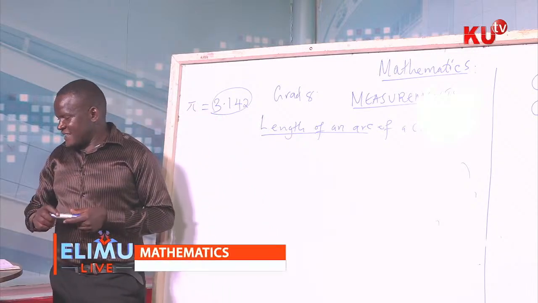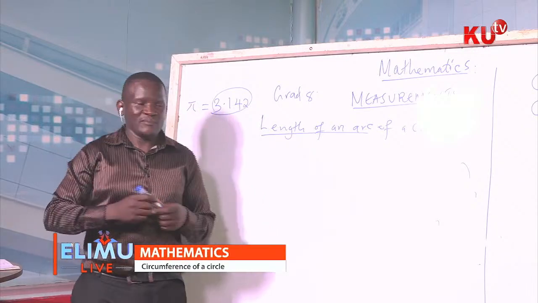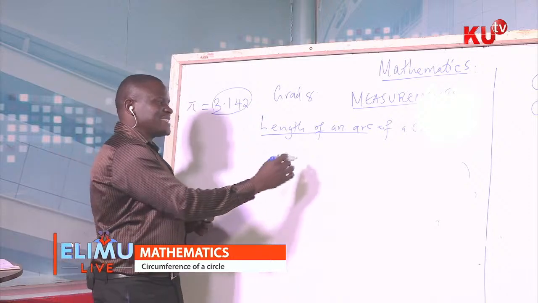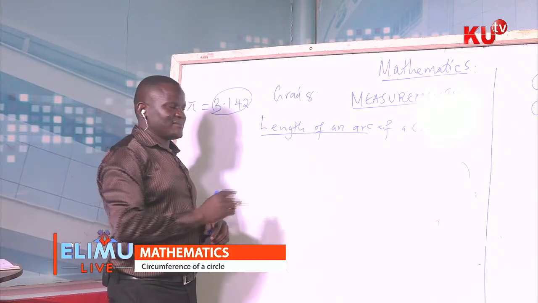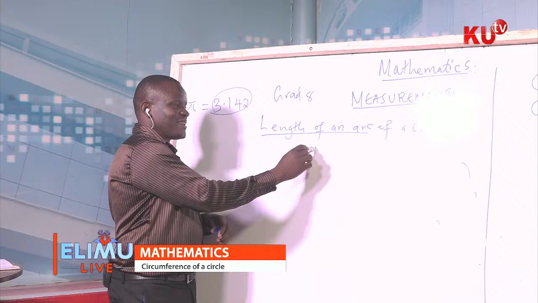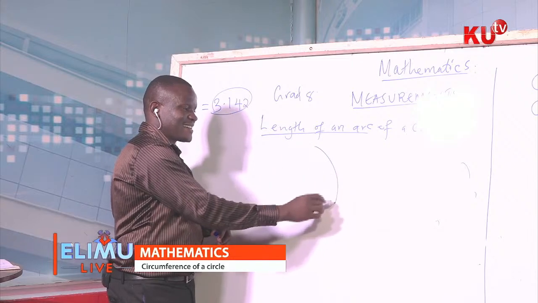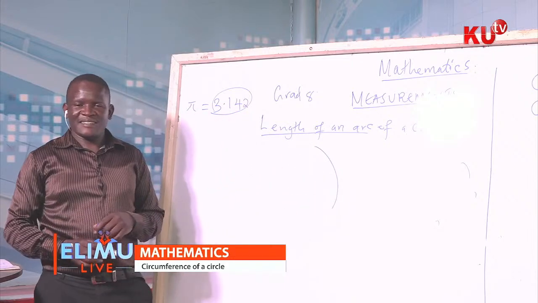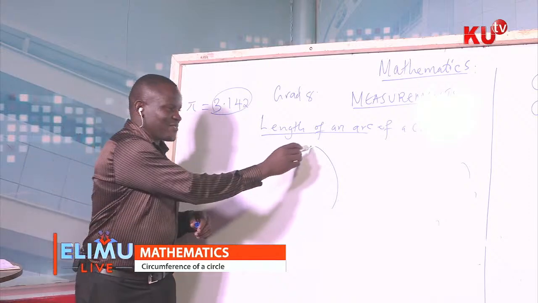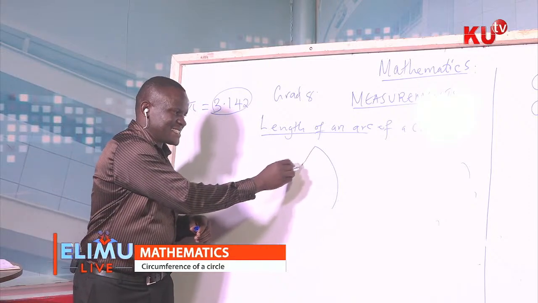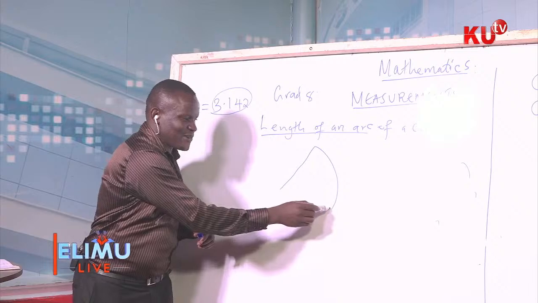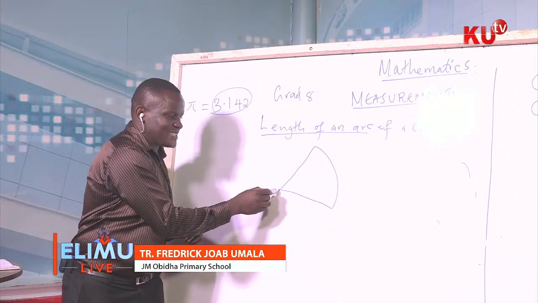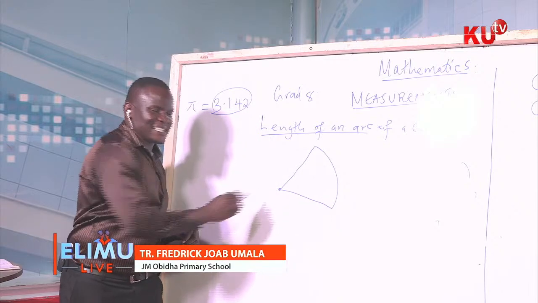The length of the arc may subtend... Maybe let's talk of this as our arc. The length of that arc may subtend a given angle to the center of the circle. This is the center of the circle.